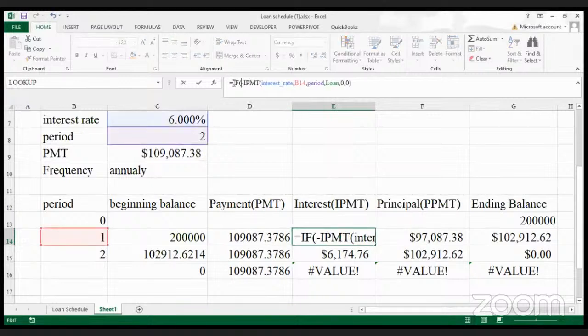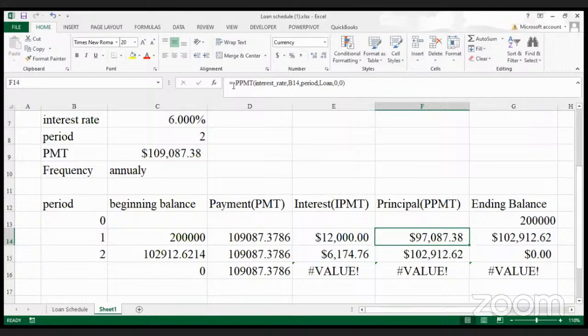If period is greater than or equal to this, comma, it should give us that answer. If not, the cell should be an empty cell.